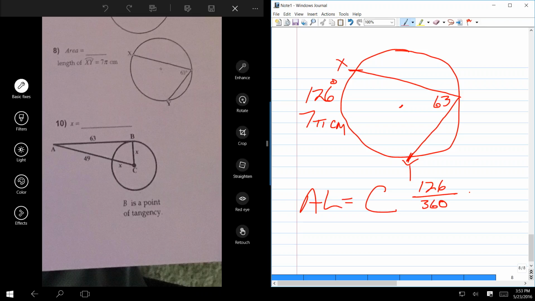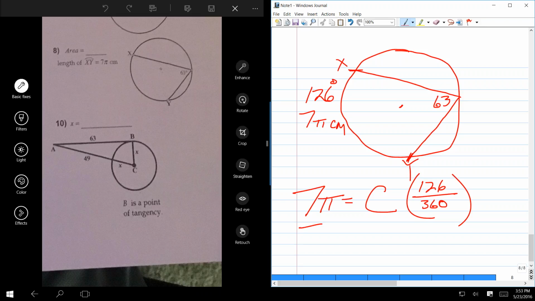Oh, yeah, okay. In other words, if we take the percentage of the circumference, which we now know to be 126 over 360, it's about a third. If we take a third of the circumference, we get the length of this arc. And they've given us the length of that arc, so I can now plug in 7 pi for that.